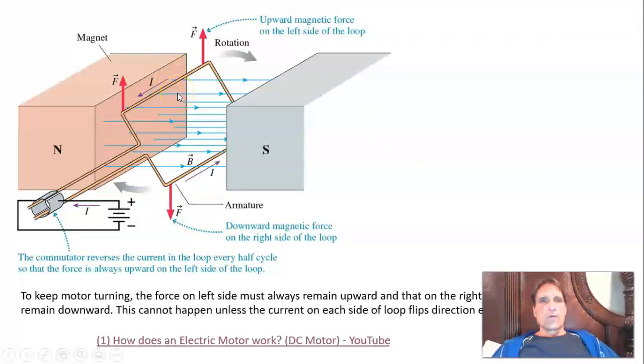Okay, now the problem is when you rotate it half a turn, so now this downward side is up and up is down. If the current through each side is in the same direction, then when this side here is up on the left, you're going to get a downward force.